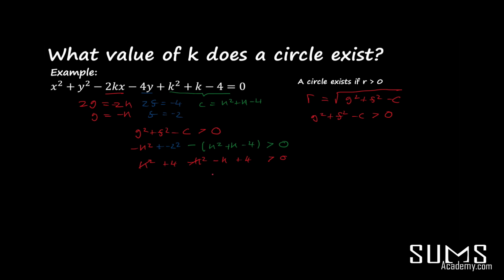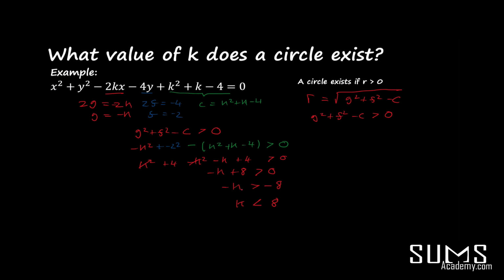So this then becomes minus k plus 8 is greater than 0. So minus k is greater than minus 8, and you divide both sides by negative 1. You're going to get k is less than 8.